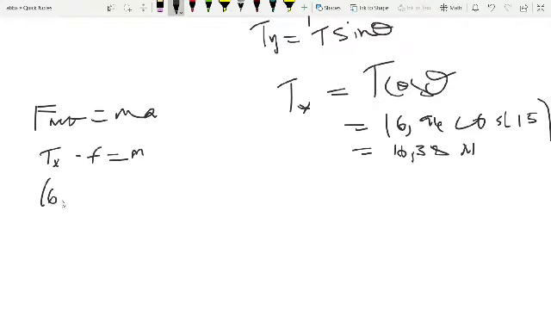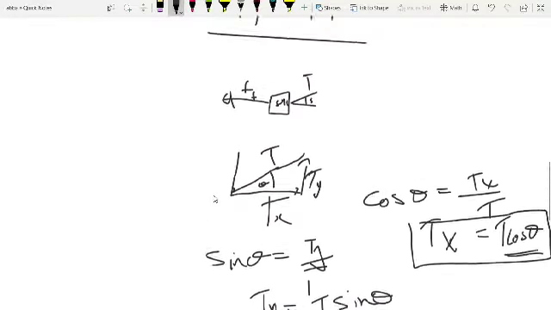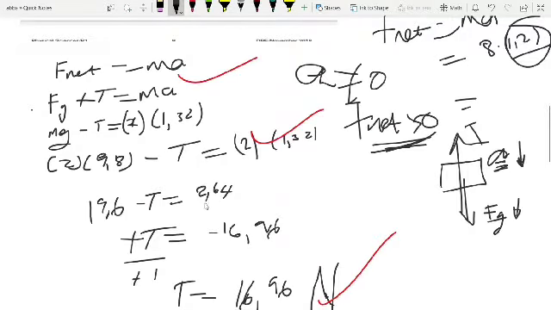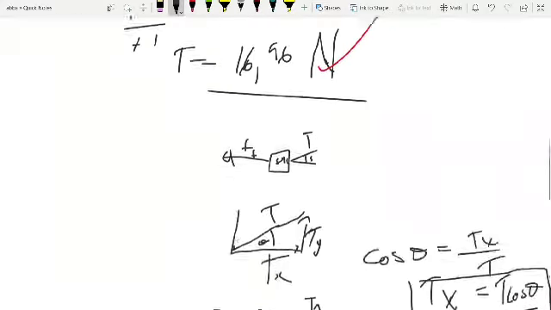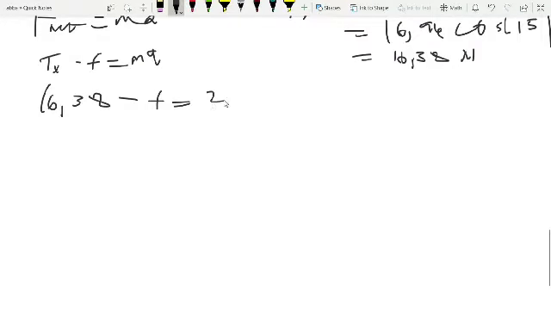Here we have 16.38 subtracted by, what is the friction? We don't know what our friction is at that point. So we're going to say minus friction, which is equal to mass and acceleration, right? Basically, when we calculated F net at this point, how much did we get? We got 2.64, right? That's good.